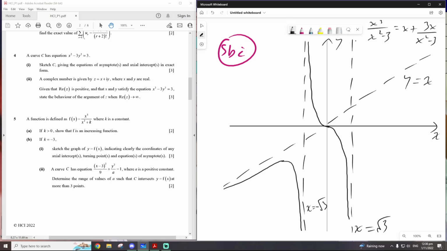And it will approach this one again, and it will turn back around, and it will approach the asymptote again. Okay, there you go.